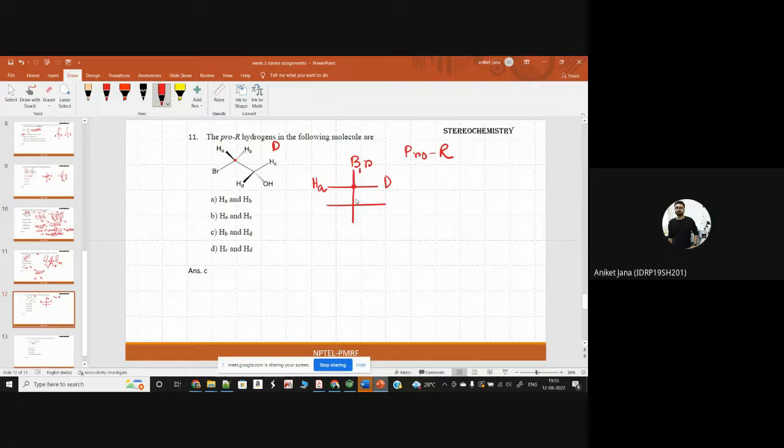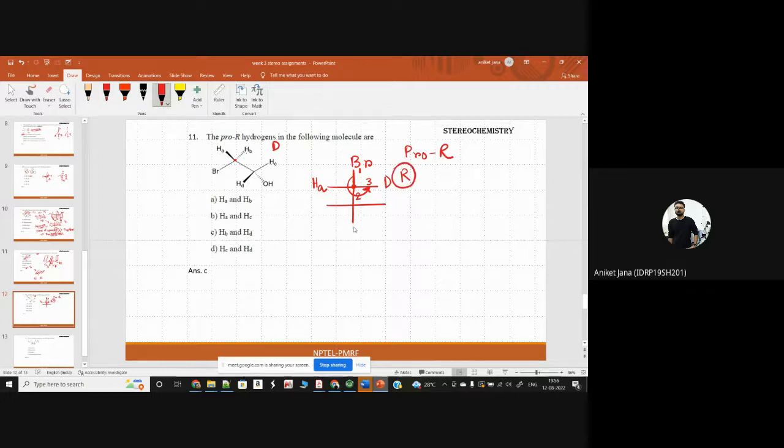And then this carbon. And then deuterium or hydrogen? Deuterium. Okay. So if we assign this 1, 2, and 3, then what is the absolute configuration? It is anti-clockwise, but the lowest priority group is in the horizontal plane. Then it is R. Yes.